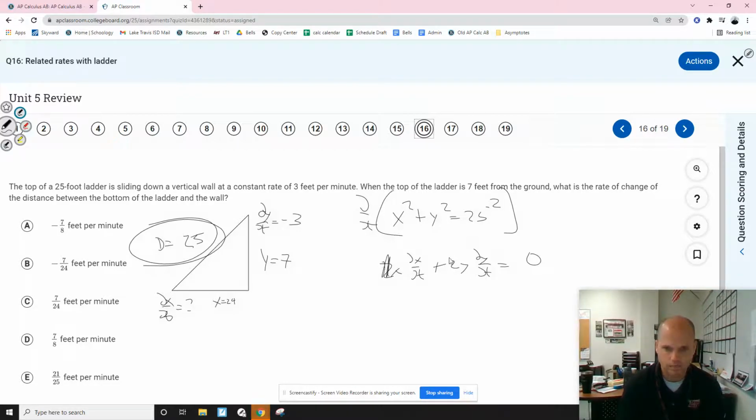The 2's are gone. We got 7, negative 3, 24 dx/dt. Don't forget the equals 0, because you got to add 21 and then divide by 24. Positive.